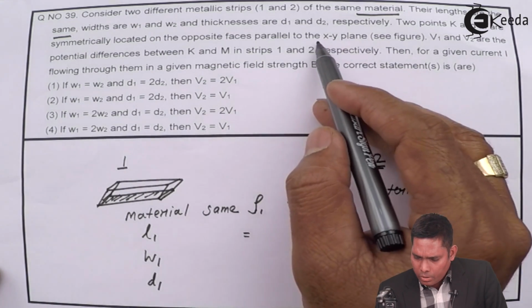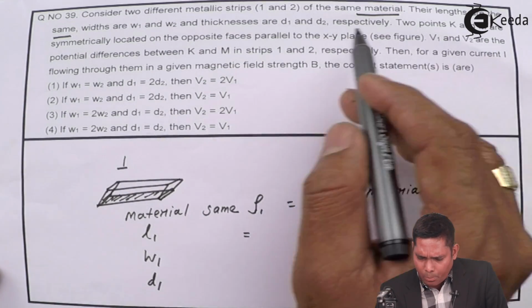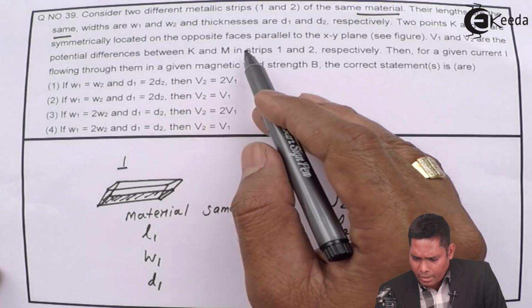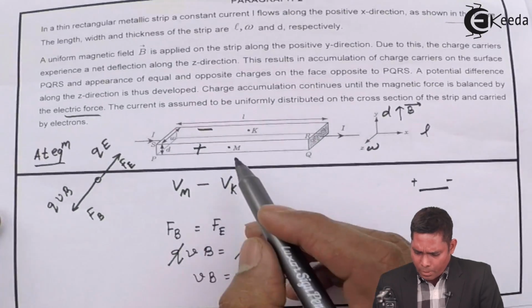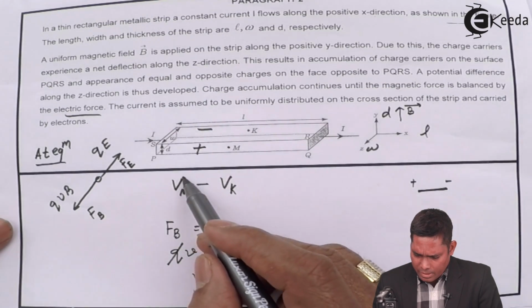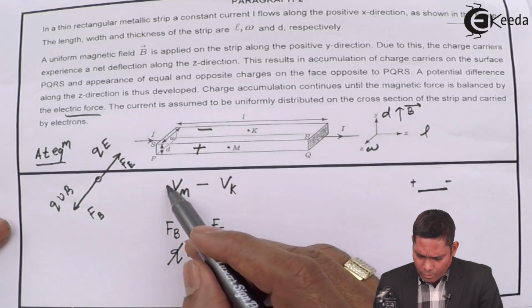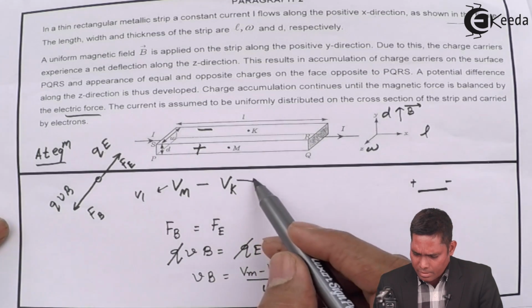Now V1 and V2 are the potential difference between M and K in the strips 1 and 2. Here the potential difference is given as V1 and this is given as V2.